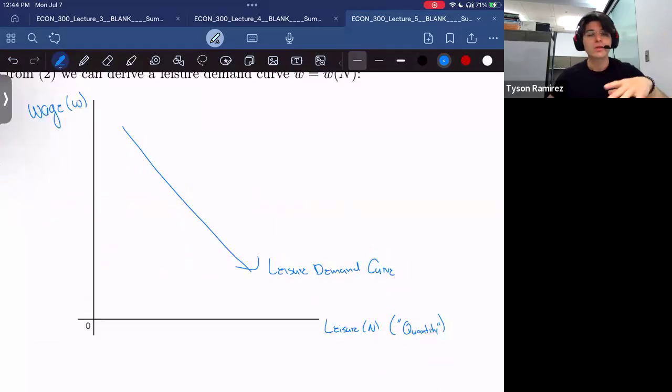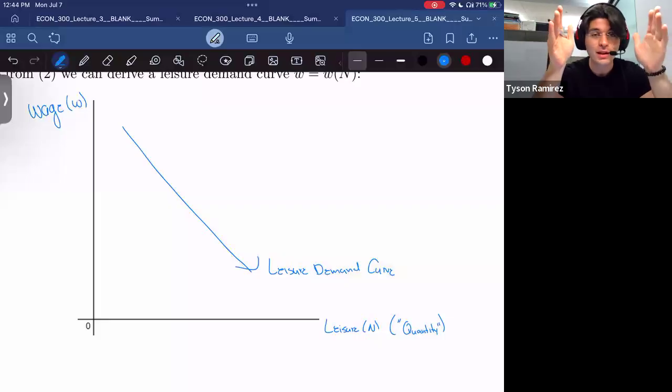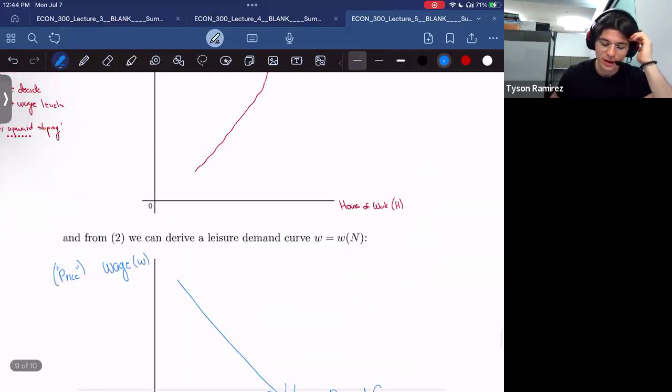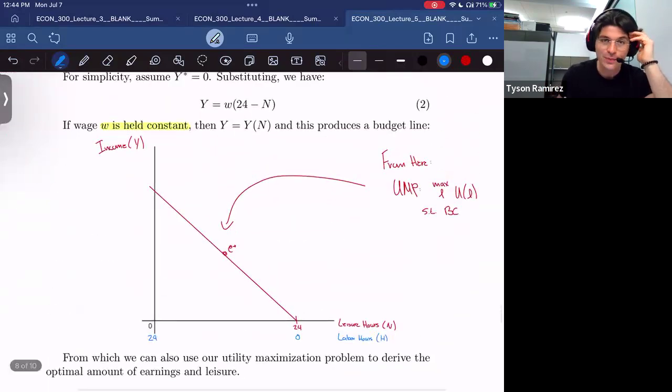In this formulation, we get a downward sloping demand curve. And why is that? It's because we can formulate the consumer's problem in terms of choosing how much they want to work. That was the whole point of this right here.